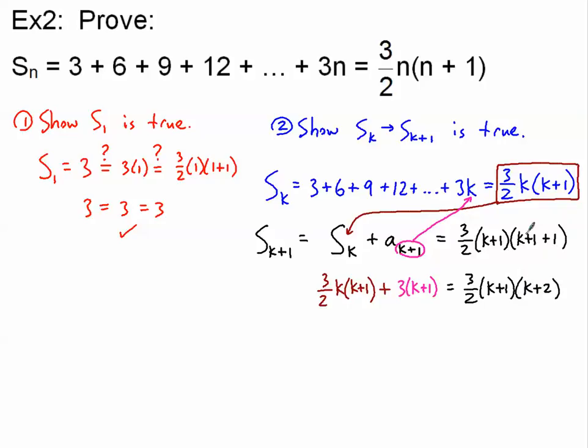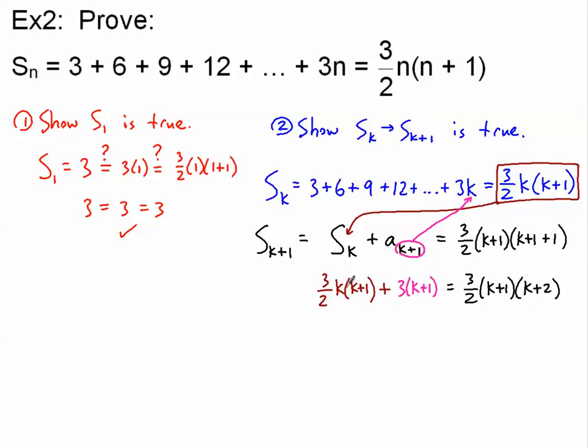Some people go straight from plugging the k plus 1s right into this. That's fine. I'll just use this as a middle step. So now I just have to prove that this brown and this fuchsia combine to get this black. I'm going to work on the left side. Now, there are a few ways to prove that this left side turns into this right side.